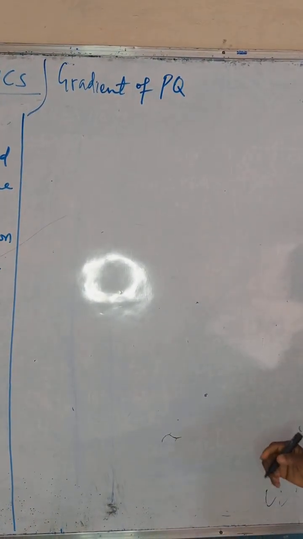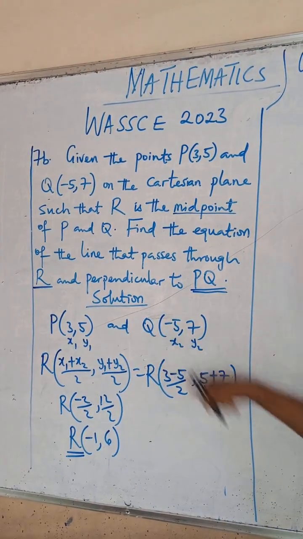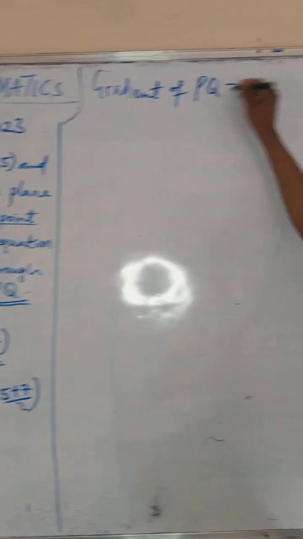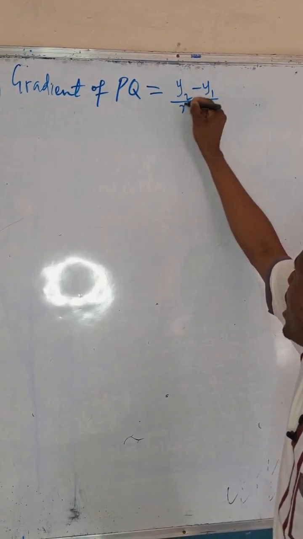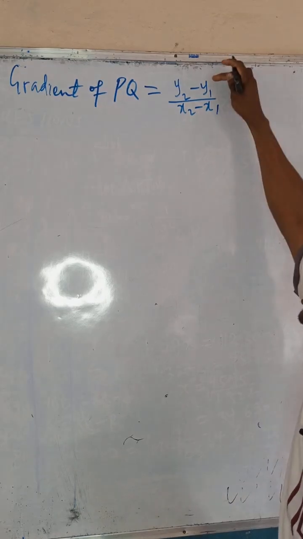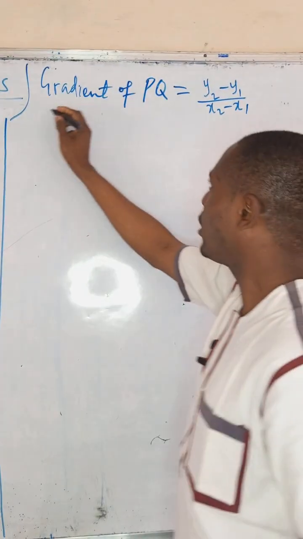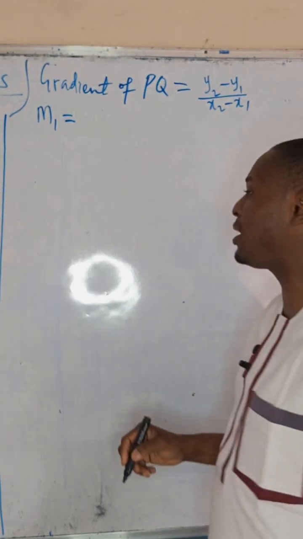How do I find the gradient of PQ? Let's go back to P and Q, where we have their coordinates already. The formula for gradient is y2 minus y1 over x2 minus x1, that is change in y divided by change in x. Let me call this m1, the gradient of PQ.